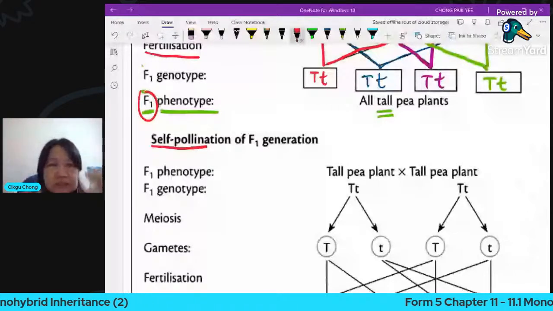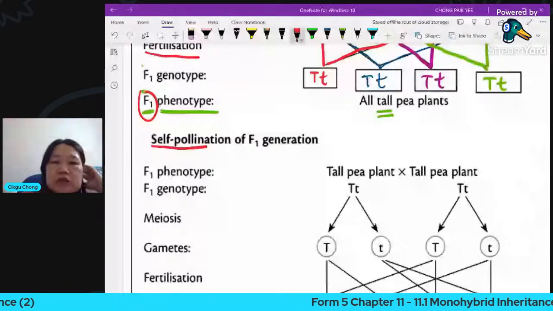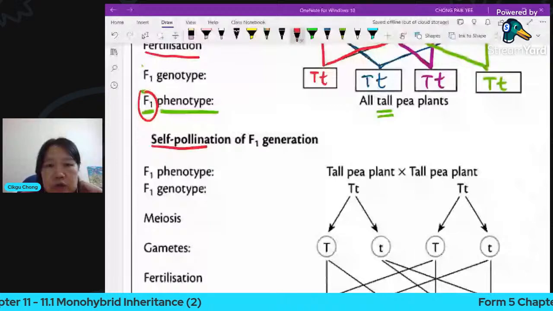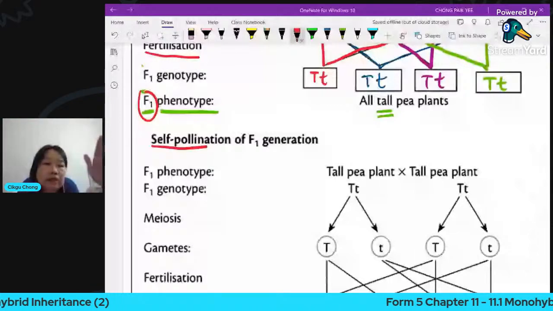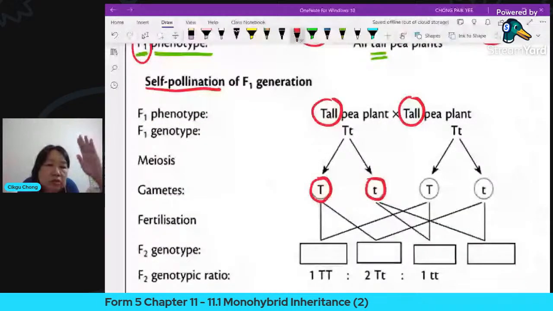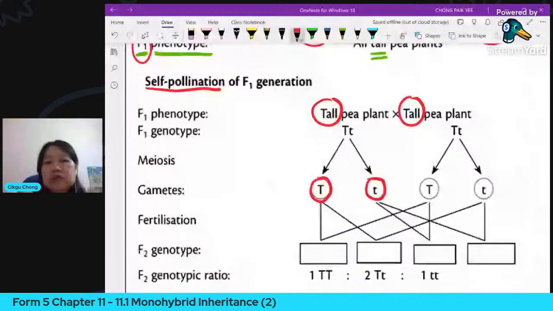What kind of alleles will you produce? You will either produce a capital T, or the other gamete carries a small t. One gamete carries the dominant allele, the other gamete carries the recessive allele. So in this F1, it's not pure breed anymore. You know why?